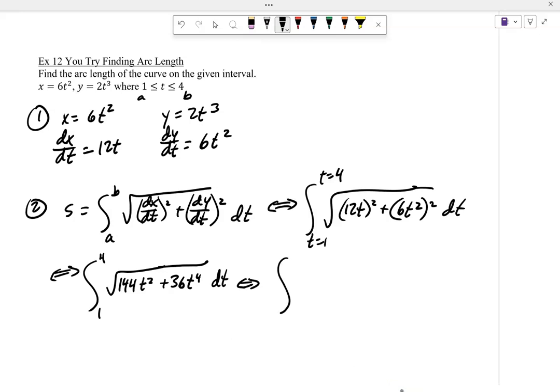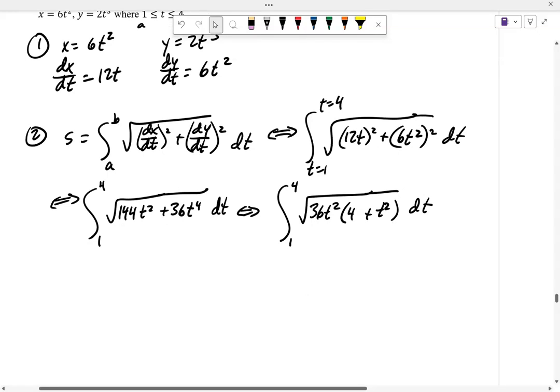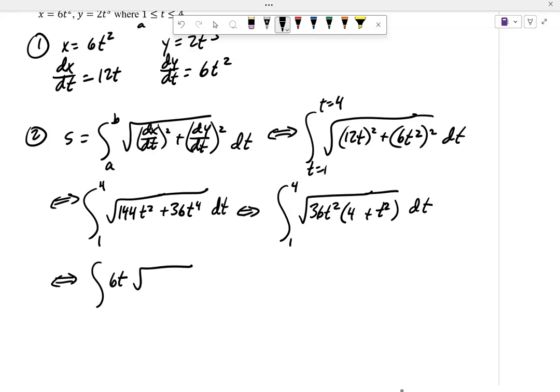And so I would take out a 36t squared, so you're left with 4 plus t squared. Square root of a times square root of b is square root of ab. So I could take the square root of 36t squared, which is 6t. And I got 6t times the square root of t squared plus 4 dt from 1 to 4.